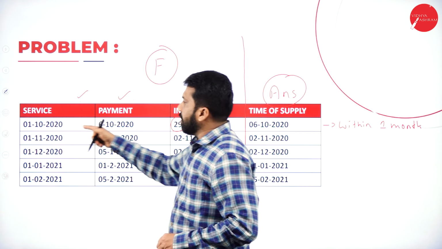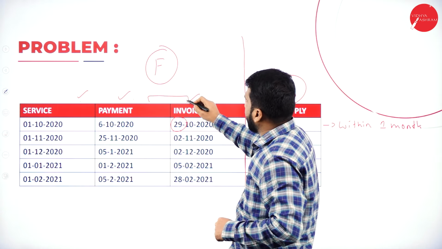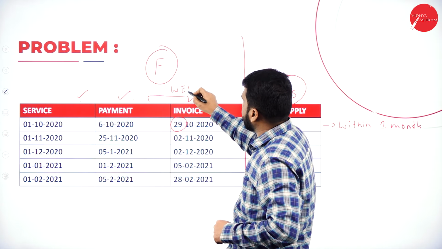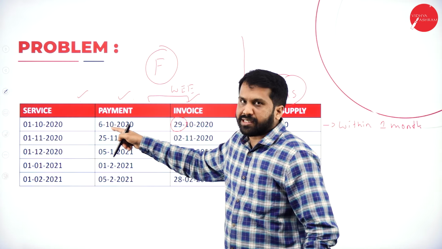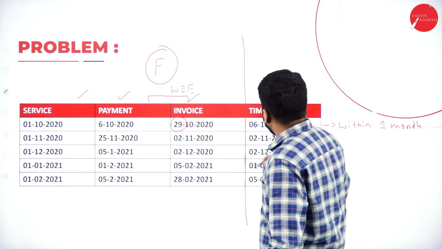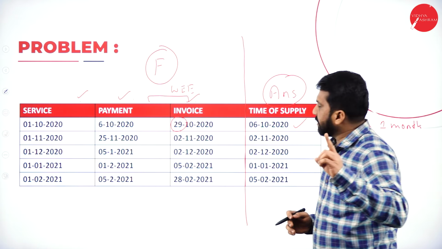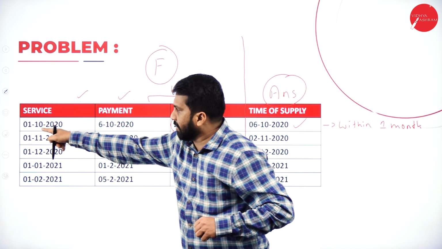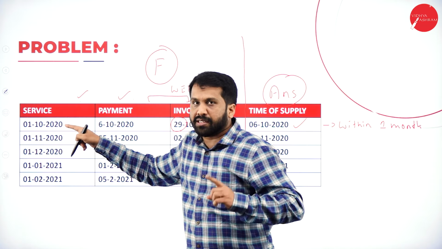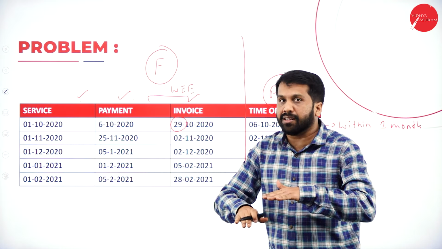So we have to consider it as within 1 month. If it is within 1 month, then what do we have to do? Payment or invoice, whichever is earlier. Your invoice is on 29th, payment is on 6th October; 6th October is earlier. Hope you are clear. Once again I'll repeat: if your invoice is made within 30 days of your service, then payment or invoice, whichever is earlier.